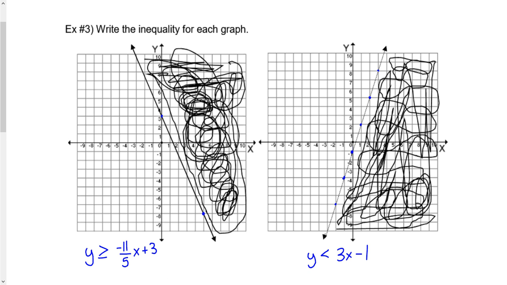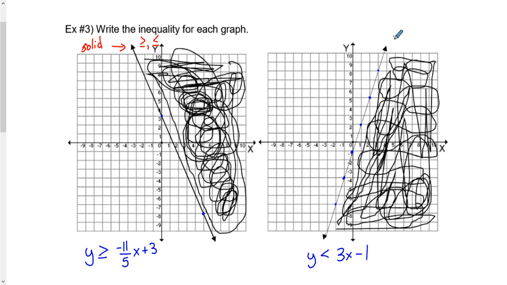Because you'll notice the difference between these two lines. This one is a solid line. A solid line is going to be using the greater than or equal to, or the less than or equal to symbols.